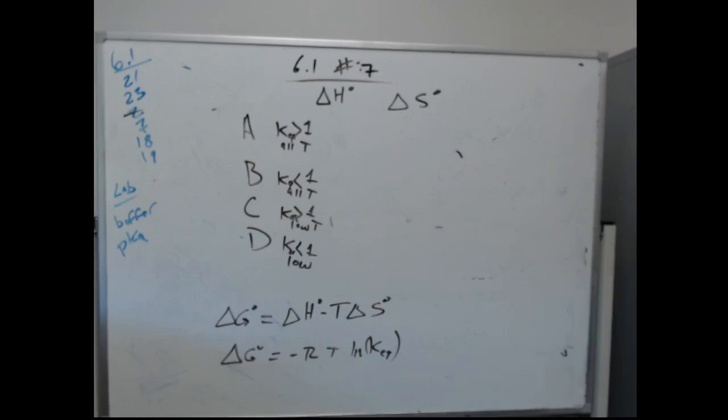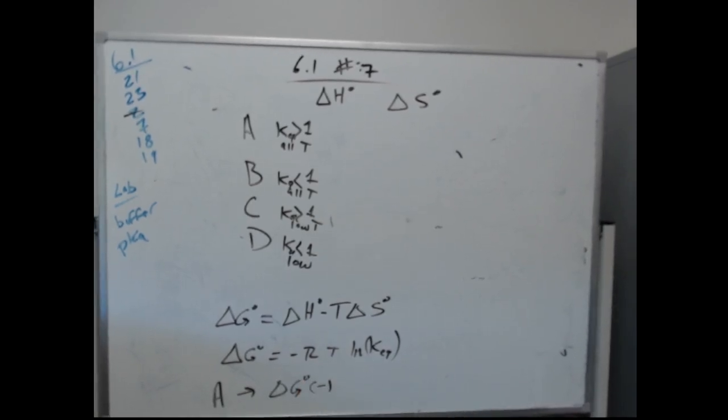So for reaction A, if K is greater than 1 at all temperatures, that means this is always going to be a positive natural log. Delta G is going to be always negative.